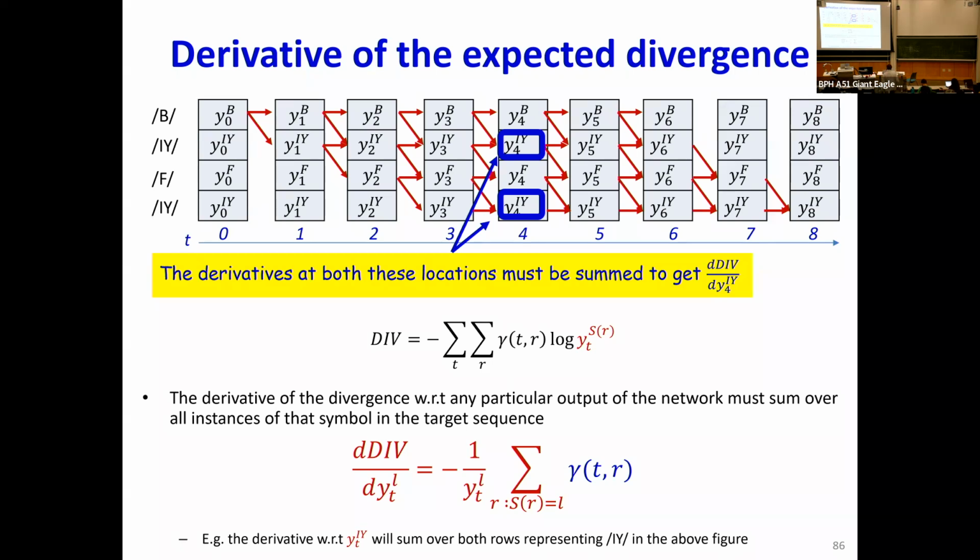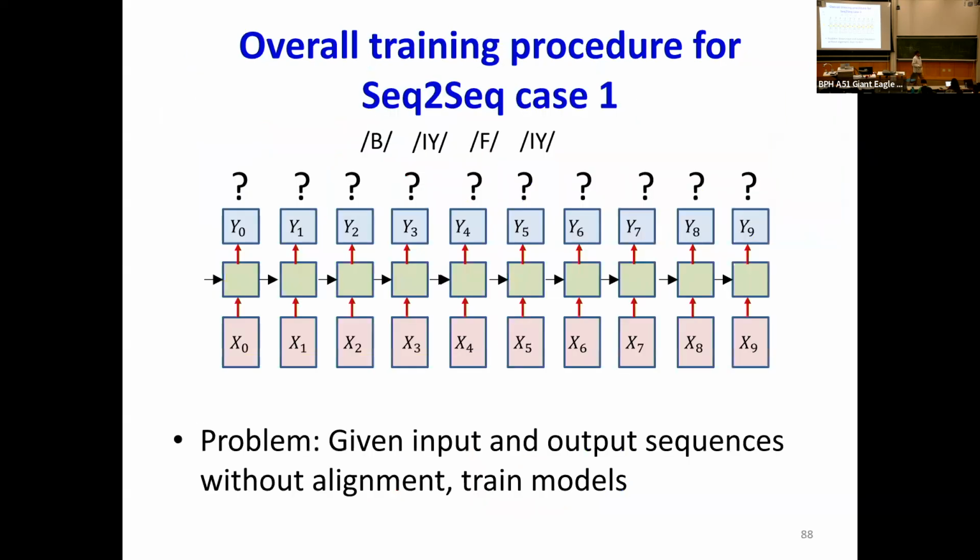So the derivative of the divergence with respect to, say, the probability assigned to the phoneme E is going to be minus 1 over the probability assigned to the phoneme E times the sum over all rows of the gammas for all the rows associated with the phoneme E at time t, right? And so now we know how to compute these derivatives. And we can set up the entire training.